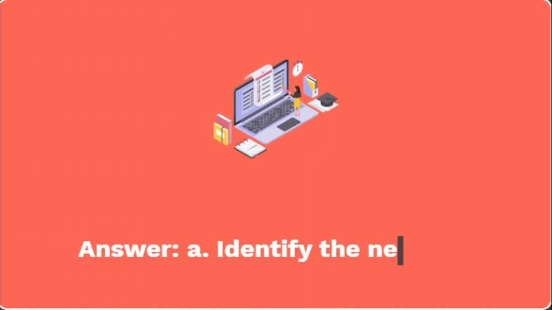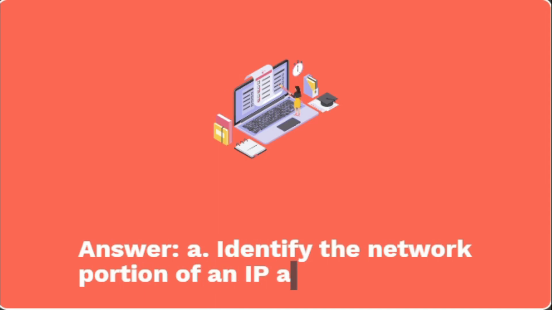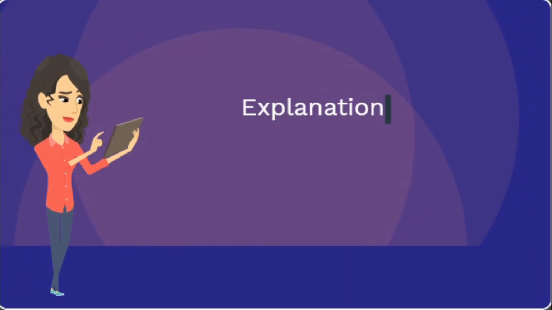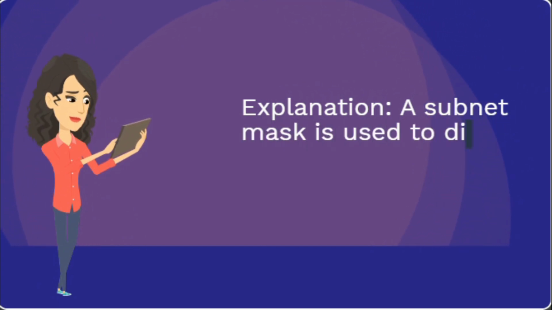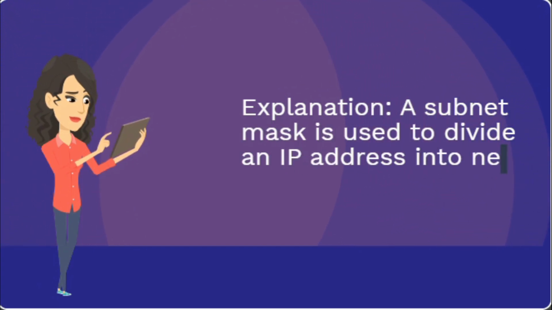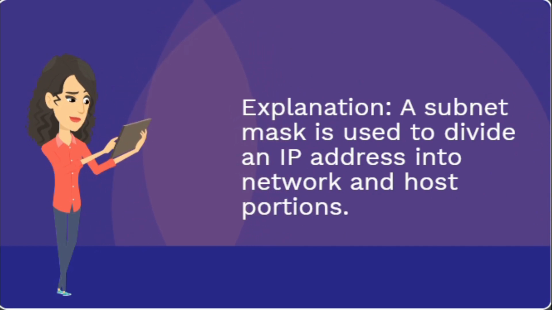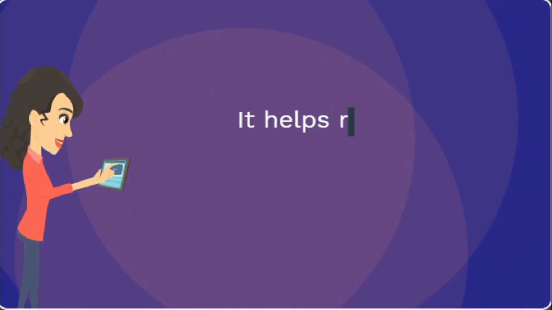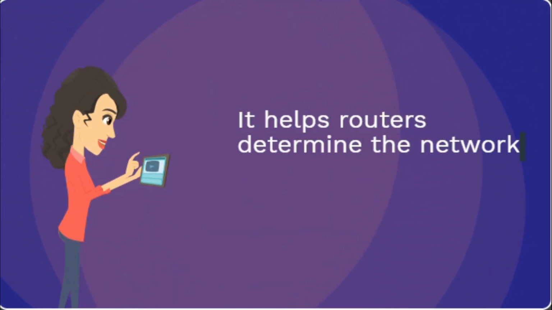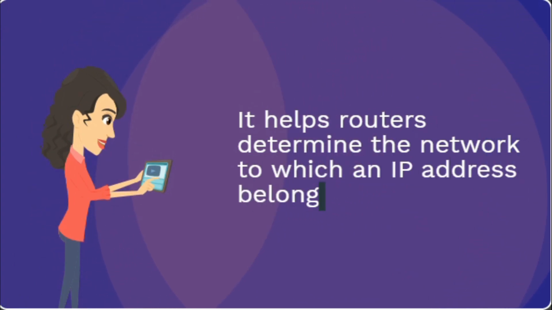Answer: A. Identify the network portion of an IP address. Explanation: A subnet mask is used to divide an IP address into network and host portions. It helps routers determine the network to which an IP address belongs.